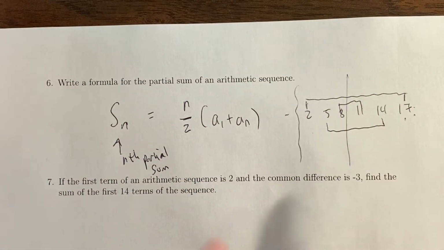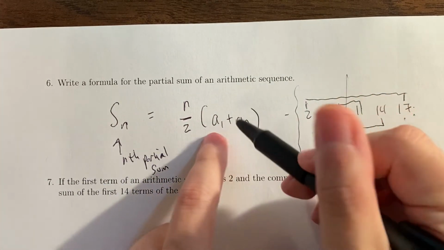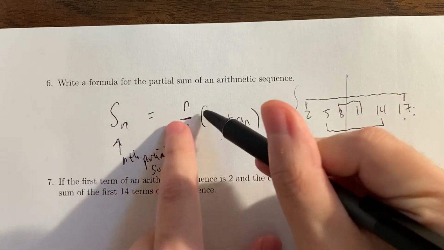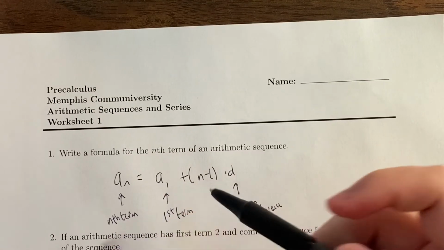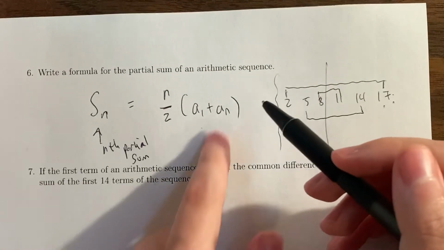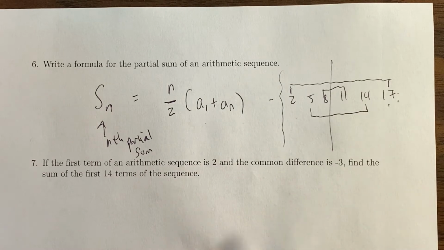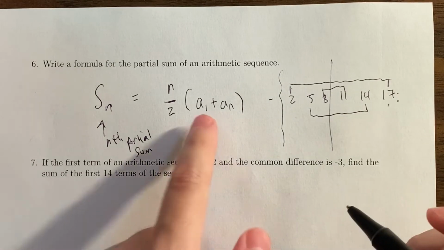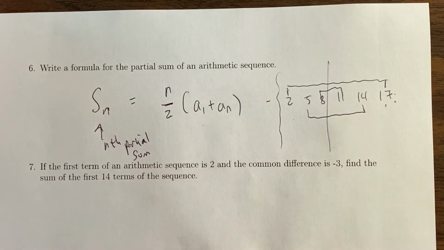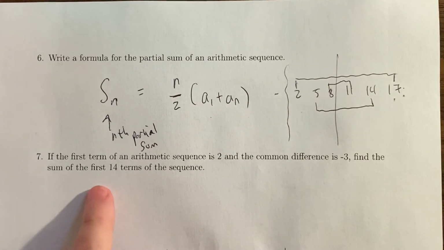We'll have one of them. So for example, we might have a1 and we might have an, but we might not have n. And how we're going to find n is actually this formula right here, because n is in the formula. Same thing with the an. If an is not given and n is given, we're going to use that previous formula that we used in the first part of the video to find that, and then we'll be able to use this formula. So let's see how that works.